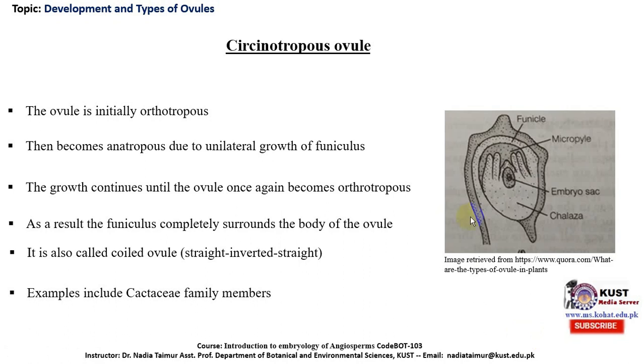So we have discussed different types of ovules depending upon the position of micropyle in relation to chalaza and funiculus. And we discussed 6 different types, which included Orthotropous ovules, Hemitropous ovules, Anatropous ovules, Campylotropous ovules, Amphitropous ovules, and Circinotropous ovules.